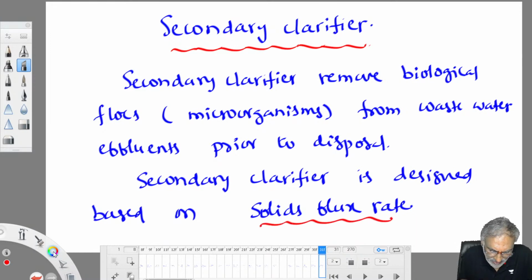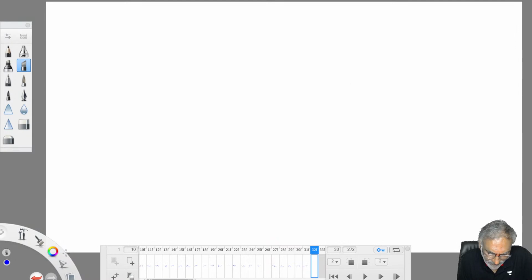Solids flux rate is normally expressed as the amount of solid settling down in a given time per unit surface area of the secondary clarifier. Okay, not exactly the surface loading rate. The primary clarifier and the sedimentation tanks we use in water treatment are designed for surface loading rate. But the secondary clarifier is designed for solids flux rate.